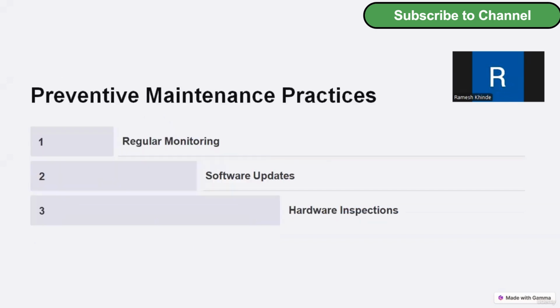Then next are the preventive maintenance practices. You have to adopt some preventive maintenance practices, so that errors and faults will not occur in the computer network. You have to do regular monitoring, and by that you will come to know what is happening with the network.